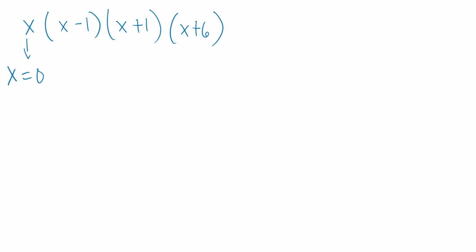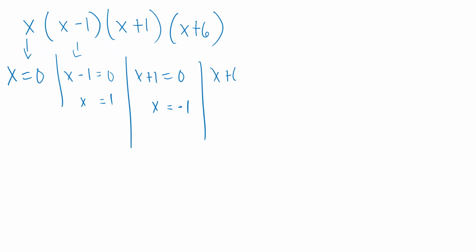Diba dito? Here, we have x minus 1 is equal to 0. And x is equal to, so kung ililipat yung negative 1 sa kabilang equation, magiging positive 1. Then x plus 1 is equal to 0. So we have x is equal to negative 1. Then x plus 6 is equal to 0. So we have x is equal to negative 6.